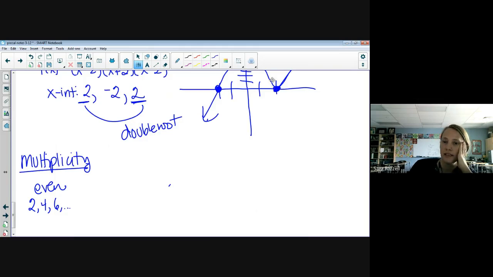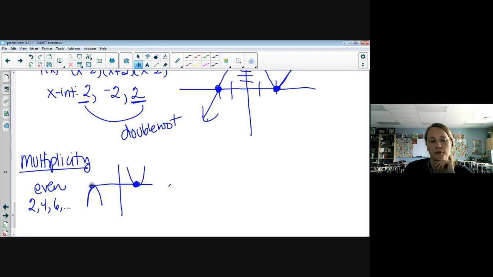And what happens is it hits the point and bounces back, or it could be underneath, either way, but it doesn't go through at that x-intercept. It can either look like this, or if it's upside down, maybe it looks like this, but it doesn't go through, bounces back. So when you get to that root, do not cross, turn around, don't drown. You know, they say that in a flood, right?